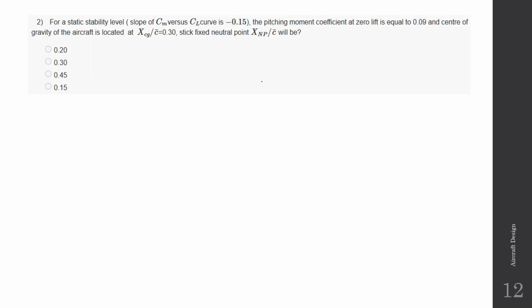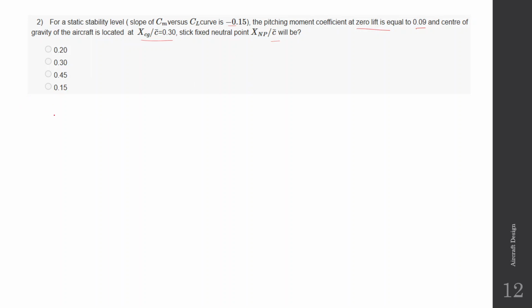In this question, it asks that the CM versus CL curve has a slope of minus 0.15, the pitching moment coefficient at zero lift is equal to 0.09, and the center of gravity of the aircraft is located at 0.3. We have to find out the location of the stick fixed neutral point.